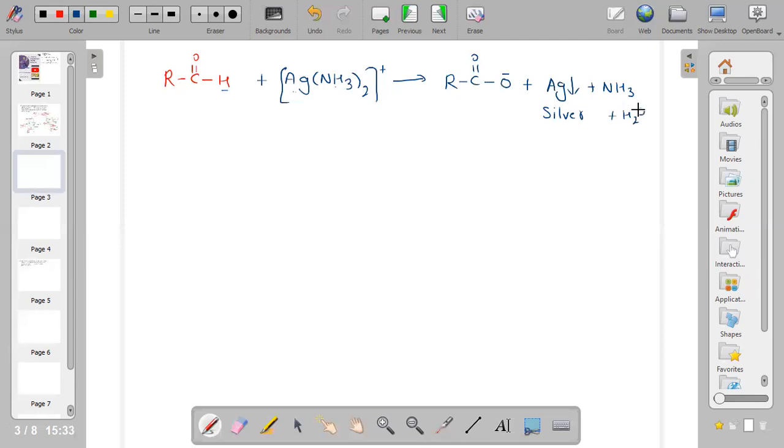This is the reaction for the Tollens reagent.